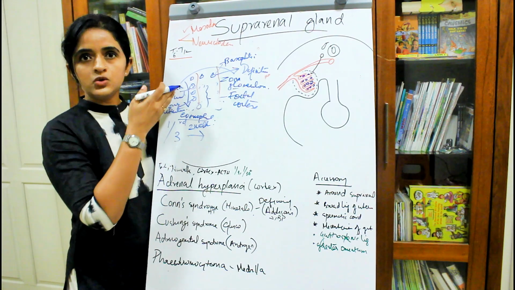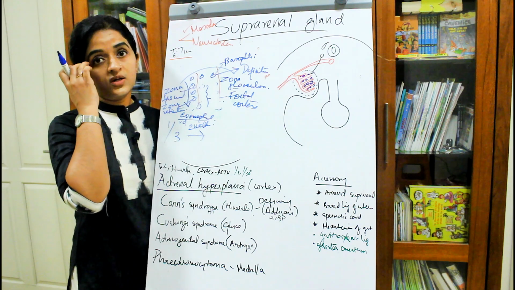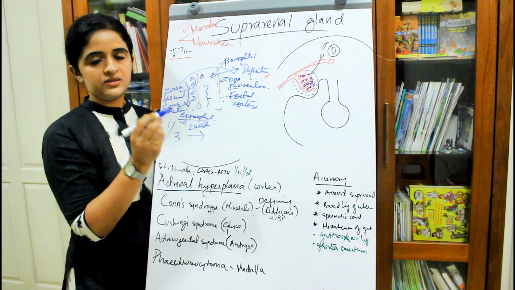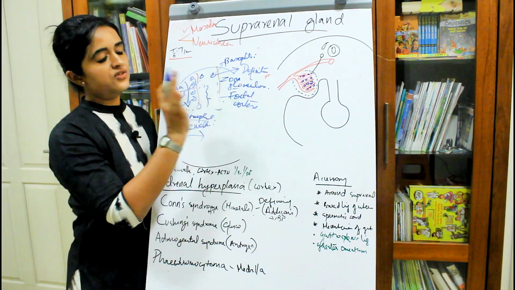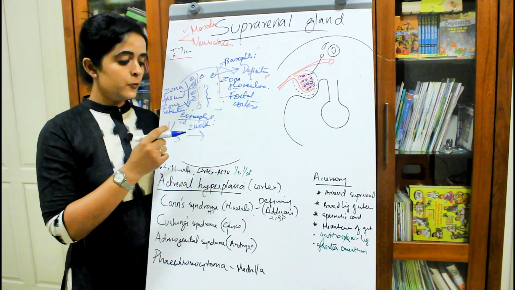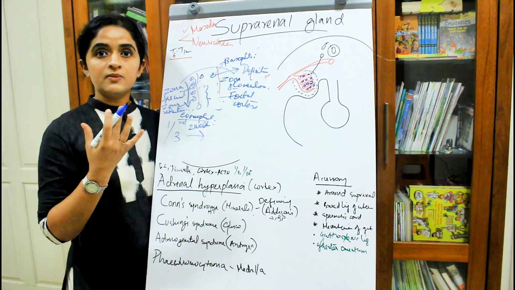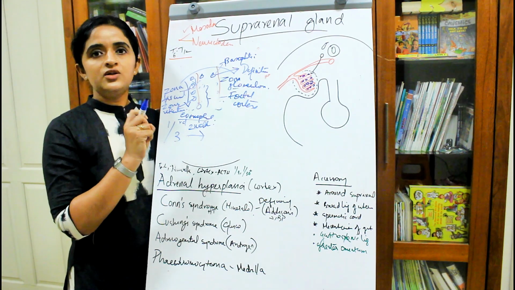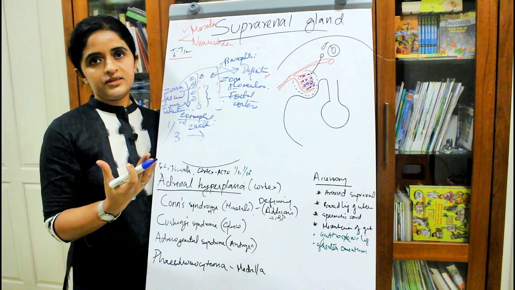These two layers, the zona fasciculata and zona reticularis, will be formed from the definitive cortex, and the fetal cortex will diminish or disappear. That is how the suprarenal gland, which was about 1/3 the size of the kidney, shrinks to form the adult size.